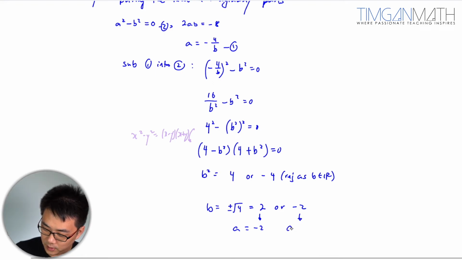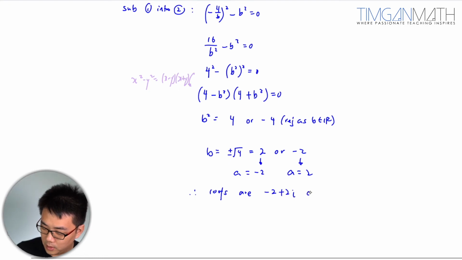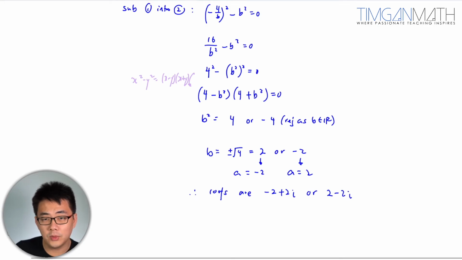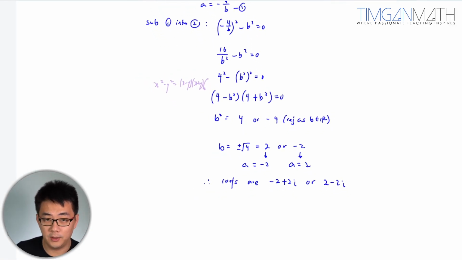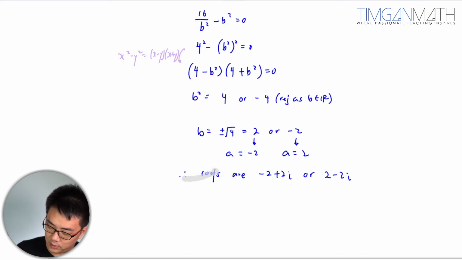For b equals negative 2, a equals minus 4 over negative 2, which is 2. Hence the roots are negative 2 plus 2i or 2 minus 2i. I'm not sure which is z1 or z2, but maybe just z1, z2.